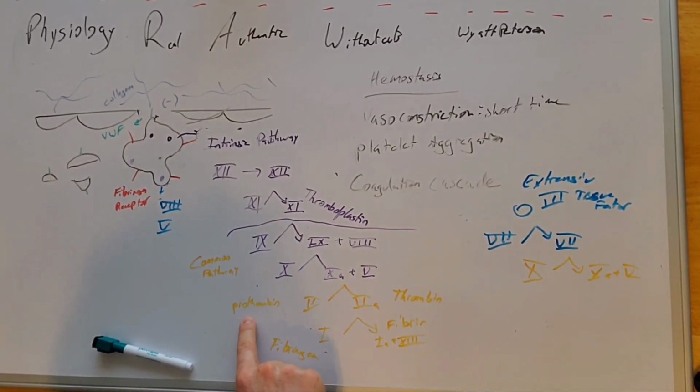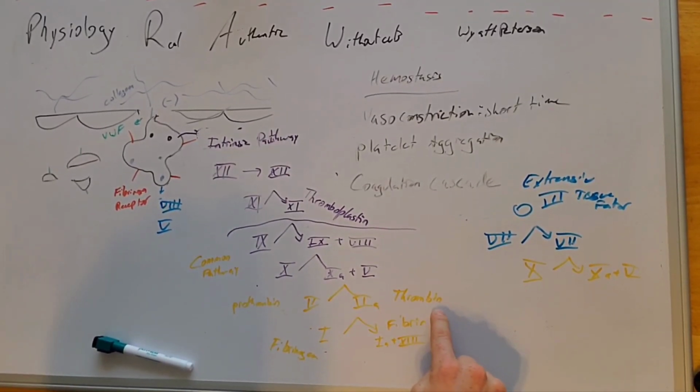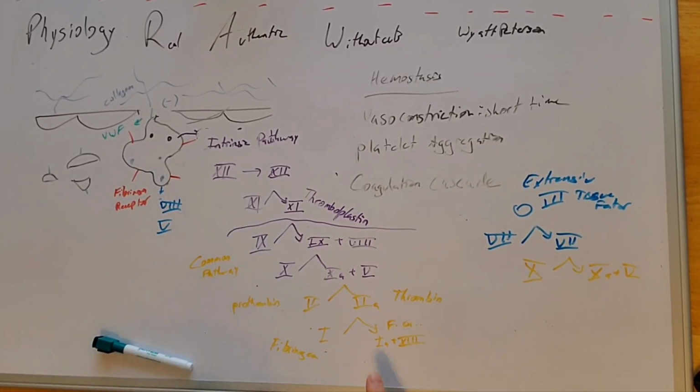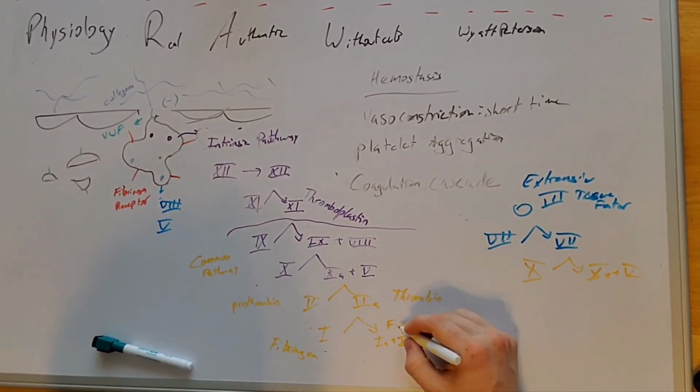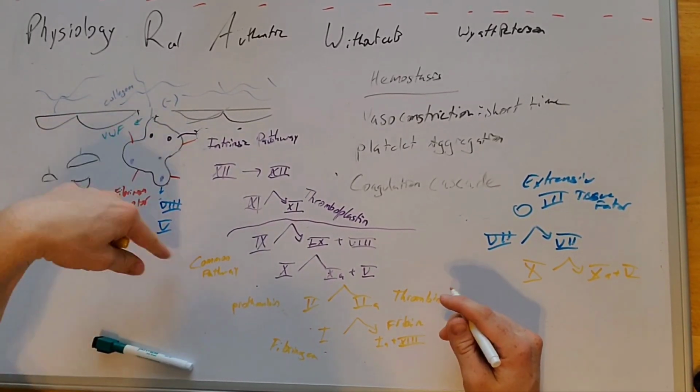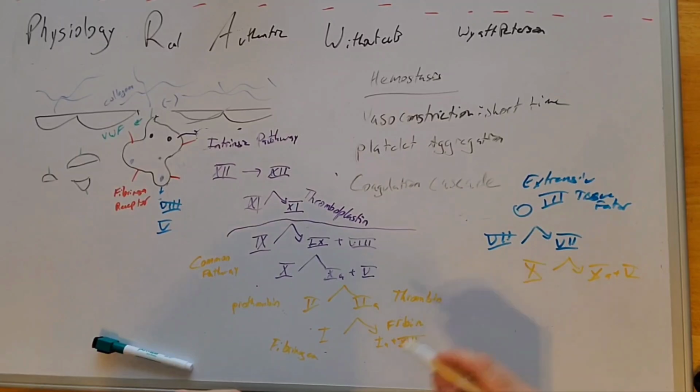What all that does is it allows prothrombin to change to thrombin, and once that's activated, fibrinogen can change to fibrin, which is the stuff that holds all the platelets together.